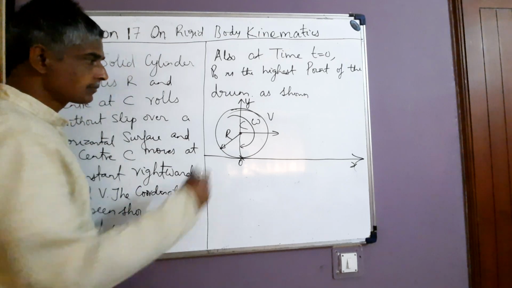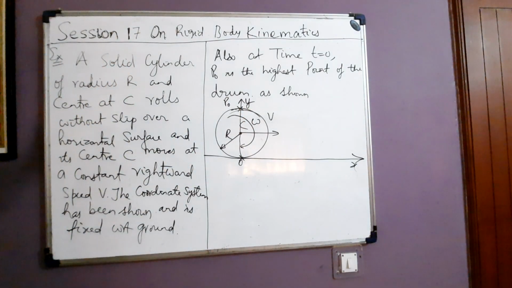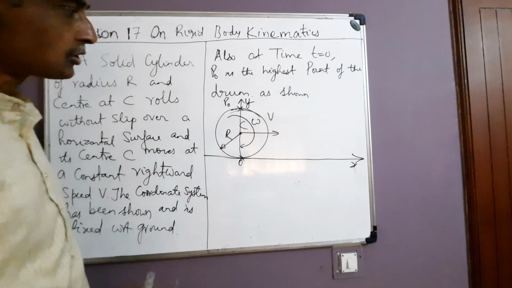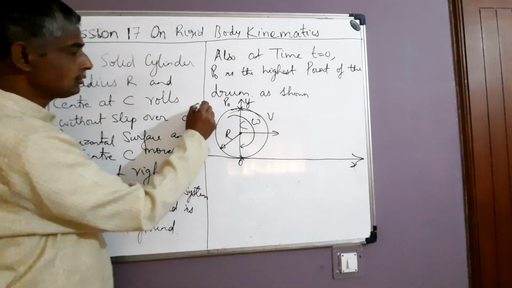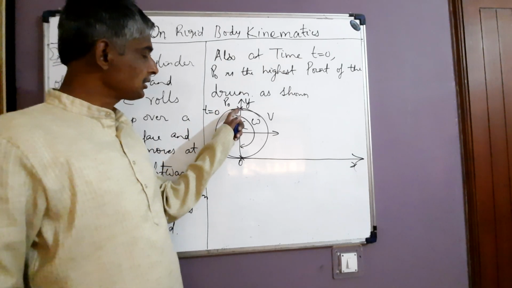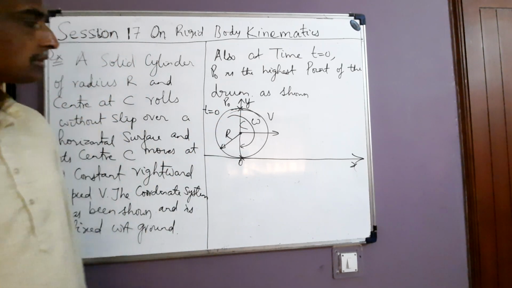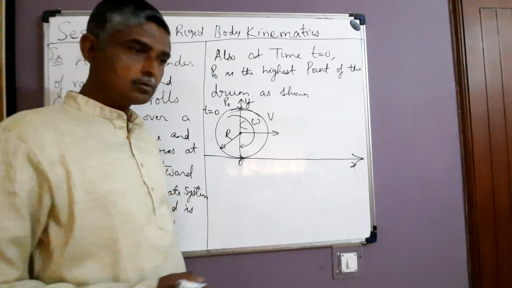This is omega. This is the P naught point. This is the situation at time 0, and P naught is the highest material point of the drum at time 0.